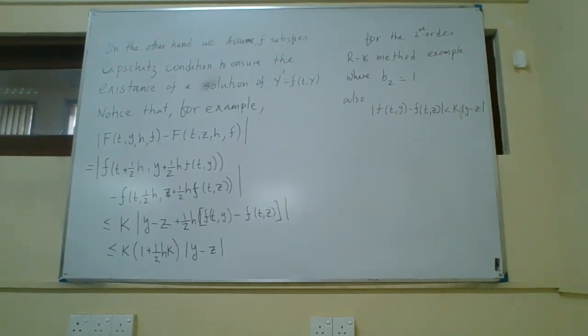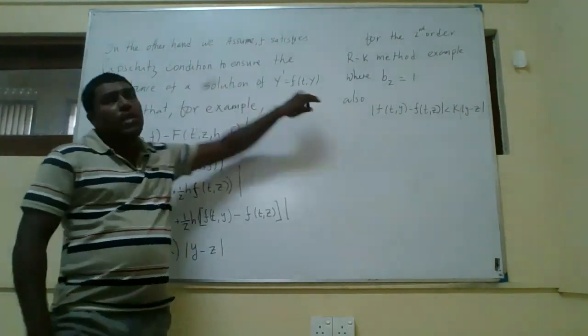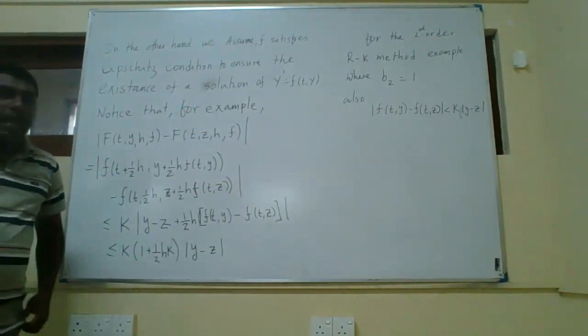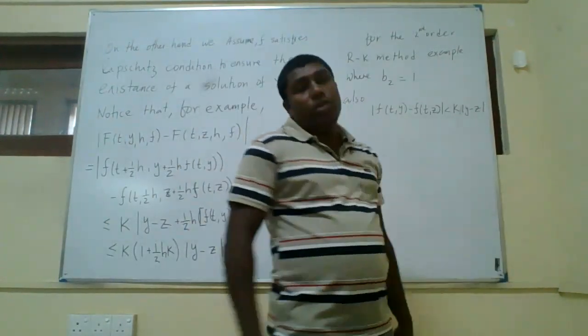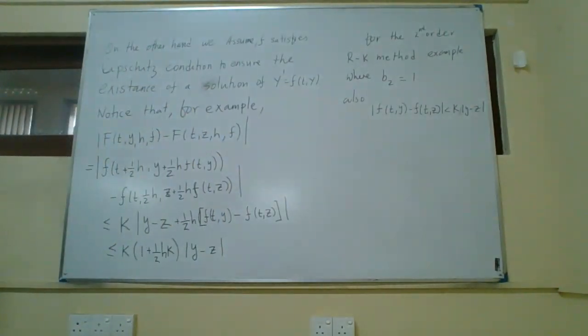So that we are going to see how we are going to do later. But you know that obviously this one is always true, right? So the small f will satisfy a Lipschitz condition with a certain Lipschitz constant k. Because I use L on the other one, I use k here. That's the Lipschitz constant. So this is always true.